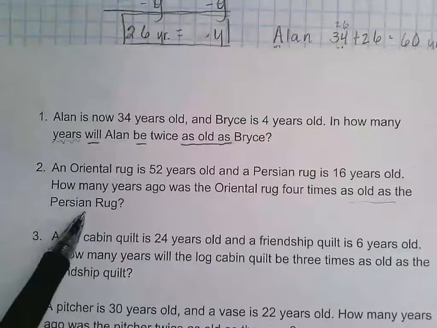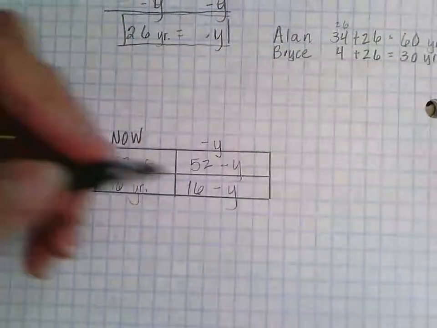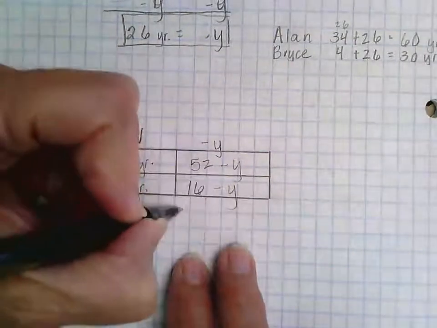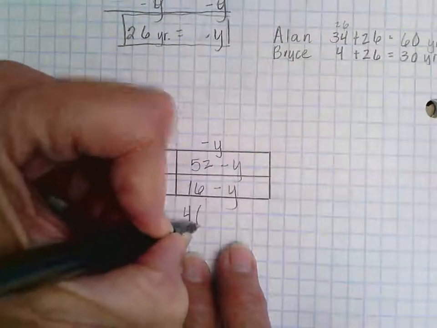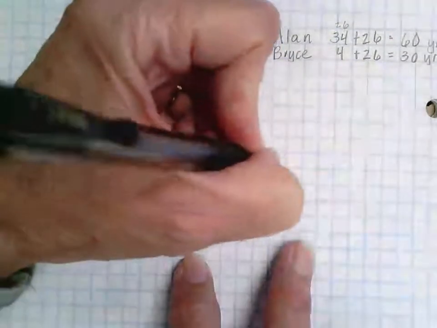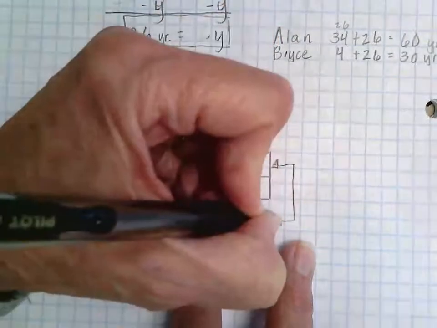So we're going to need to multiply the Persian rug by 4 to get the age of the Oriental rug. So I'm going to take my value for the Persian rug and multiply it by 4. And then I'm going to set these two equations equal to each other.